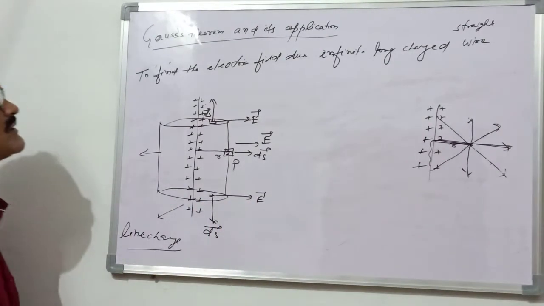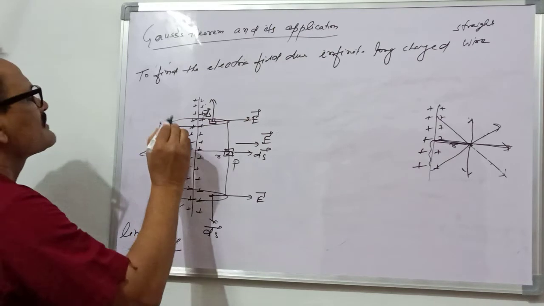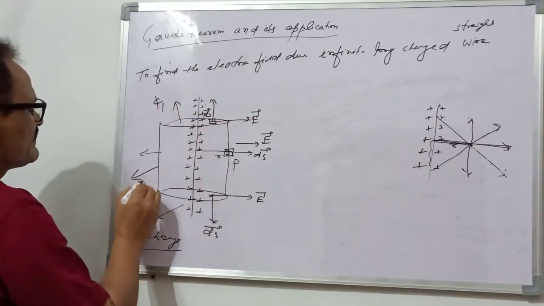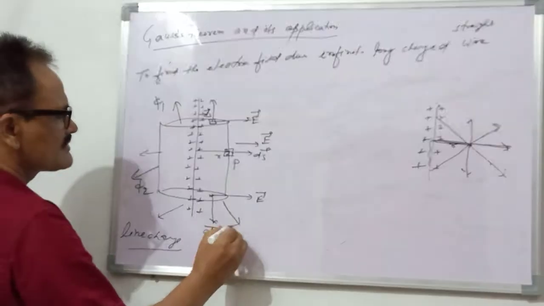Suppose the total flux for this surface is phi 1, for this surface is phi 2, and for this surface is phi 3.